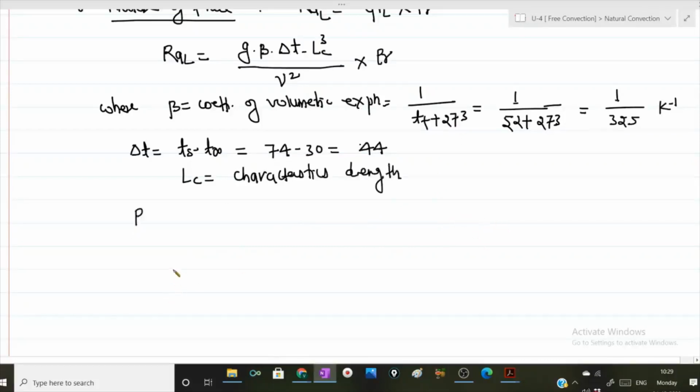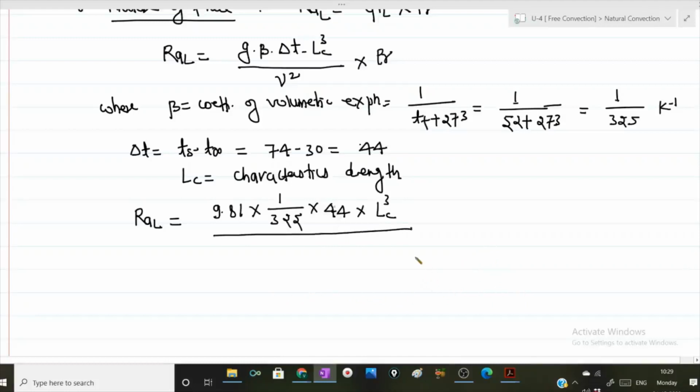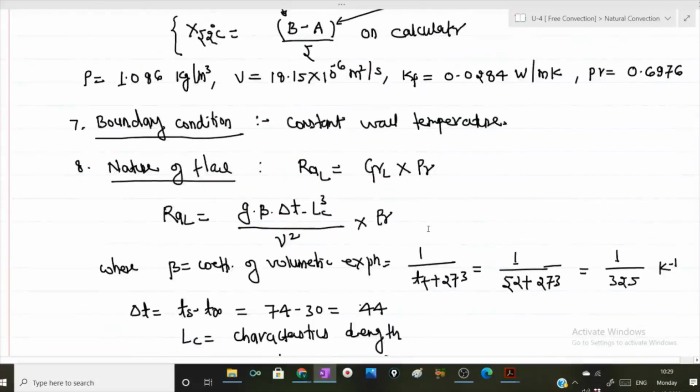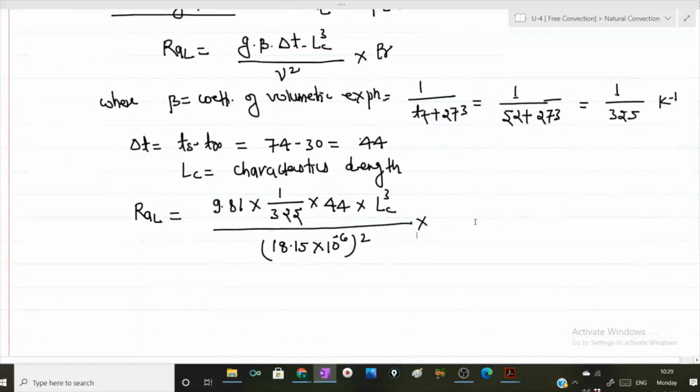So putting all these values, I can calculate the Rayleigh number: 9.81 into 1 over 325 into delta T as 44 into LC, I don't know at this point of time, over nu, which is 18.15 into 10 to power minus 6 whole square, and Prandtl number is 0.6976.